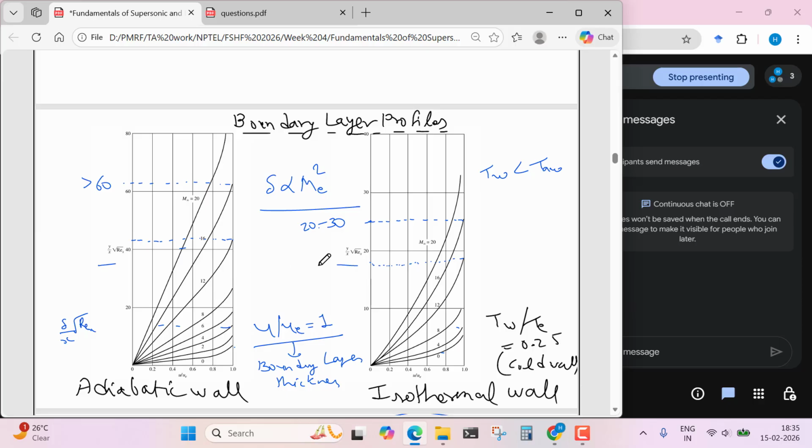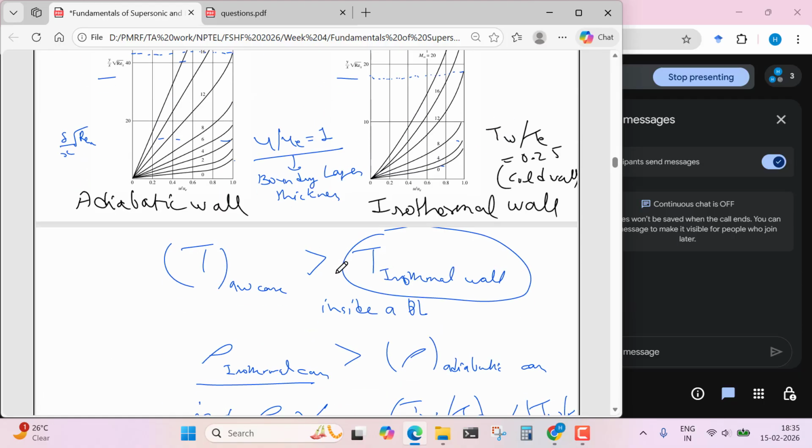So some of the heat in the flow will transfer to the wall, and temperature reduces compared to the adiabatic wall. So the temperature in the adiabatic case will be greater than the temperature in the isothermal case inside the boundary layer.